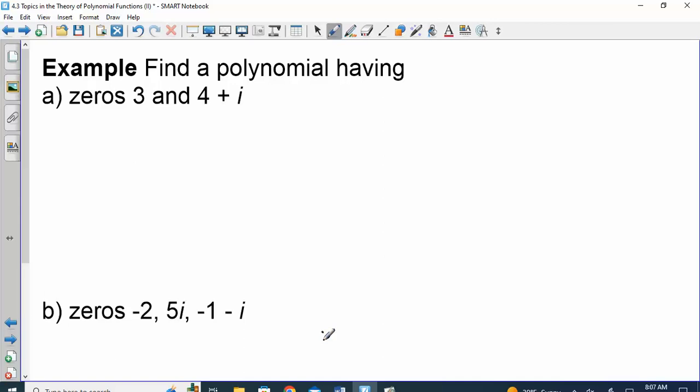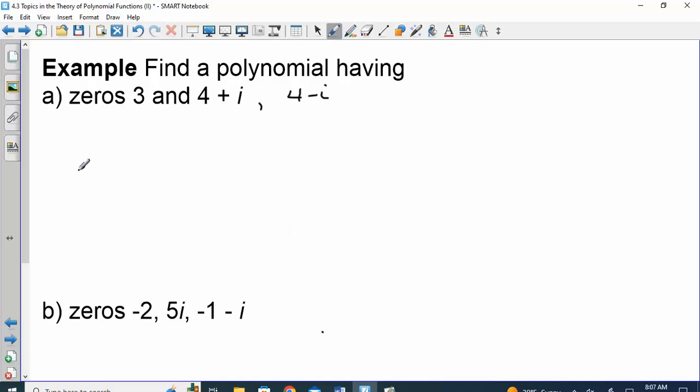However, if 4 plus i is a zero, what else has to be? 4 minus i. So I'm going to just go ahead and add that to my list. So even though I only told you 2, I know there's really 3 of them. Now this is only true for imaginary numbers, so -3 does not have to be a zero.